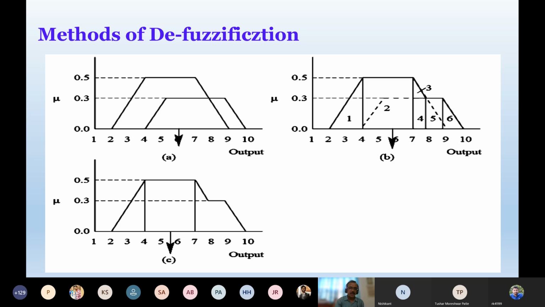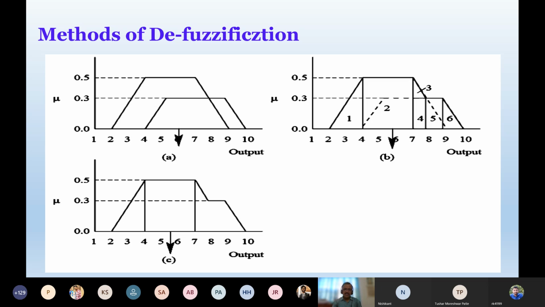You can see that the range for the output is starting from 4 to 7, and here you are getting the maximum value of membership. Once you have identified this range, you try to find out the mid value of that particular range, and that mid value of the range will be the crisp output according to the mean of maxima method.